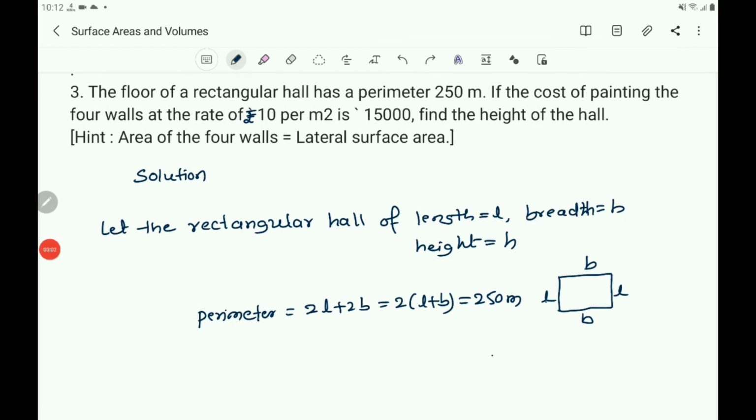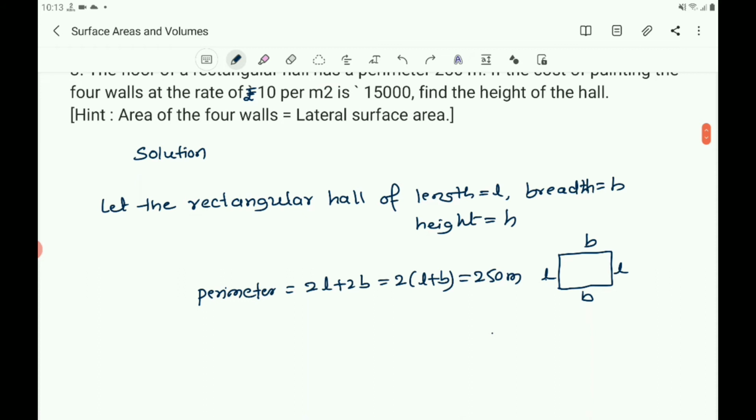In this question, what is given? Total cost of painting the hall is given, that is rupees 15,000, and the rate of costing is also given. If you divide total cost by rate of costing, then you will get the area of the four walls of the rectangular hall.